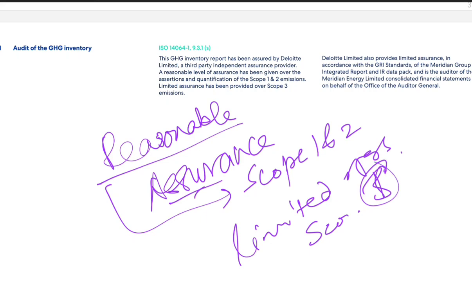Okay, what is the company name, and in accordance with the GRI standards they have done the audit and assurance. Very important, GRI standards they have utilized.